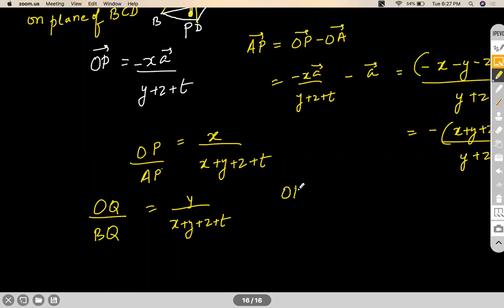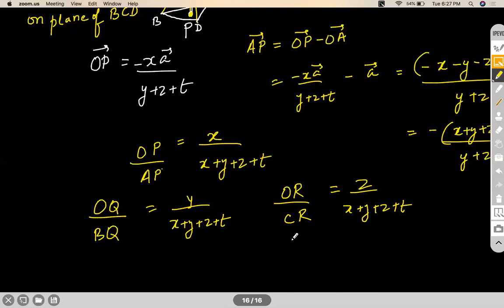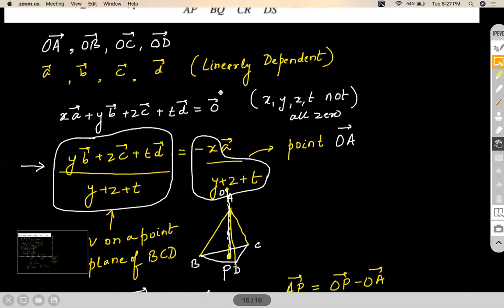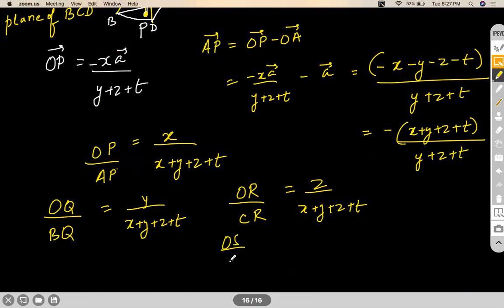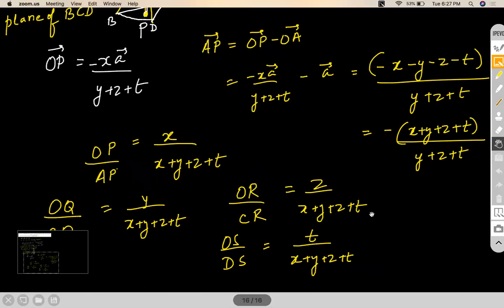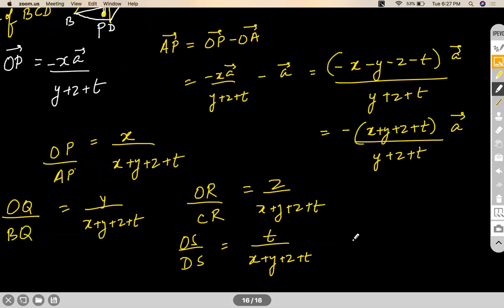Similarly, OR by CR will be z by x plus y plus z plus t. And finally, OS by DS will be this. So if you add them, you are clearly going to get 1.